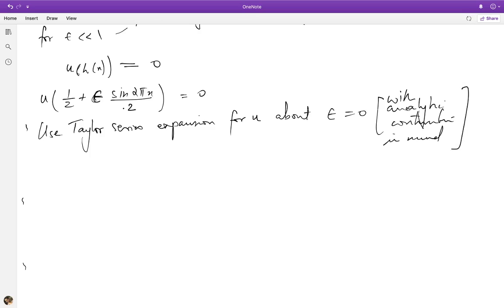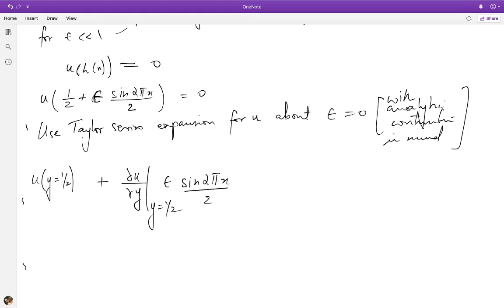I can replace this term by u at y equals half plus dou u by dou y evaluated at y equals half times the deviation of the y location from half, which I am interested in, which is nothing but epsilon sine 2 pi x by 2.